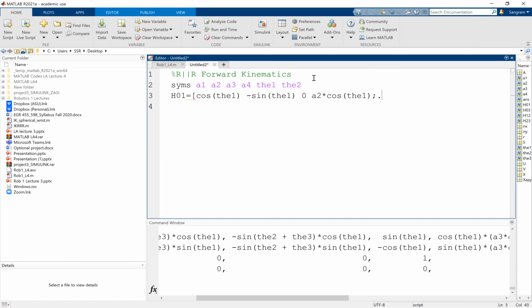Then sine theta 1, cosine theta 1, 0, A2 sine theta 1, and so on.